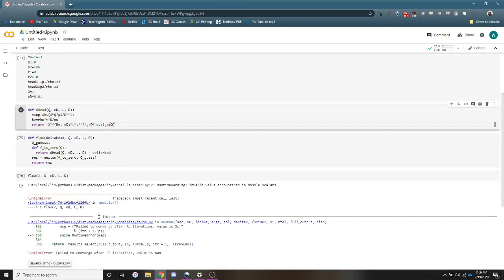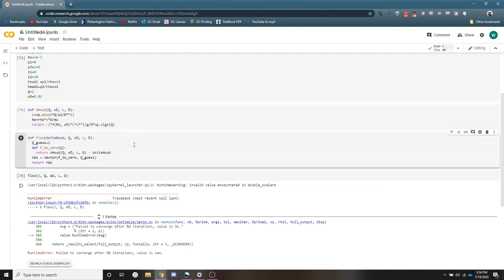Next thing we need to do is down here at the delta head. This is sort of the same thing, where if the delta head is positive, that means that the water is going in the reverse direction. So we need to account for that here.